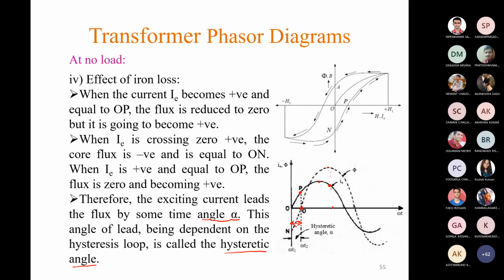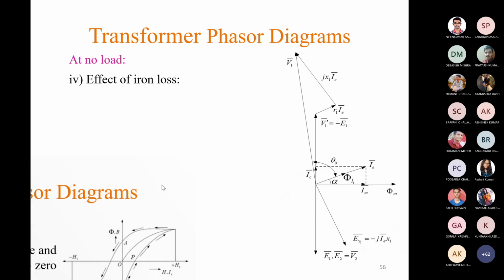Previously we have seen that for an ideal transformer, the two phasors, flux and the exciting current, are in the same phase. That is not true for a practical transformer. So there is a phase angle difference between this exciting current and the flux waveform.